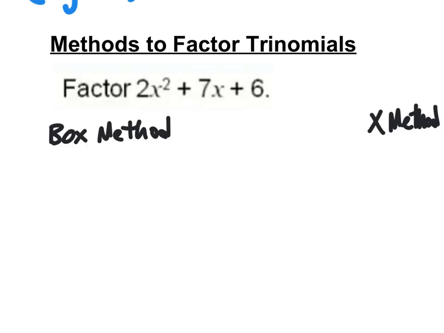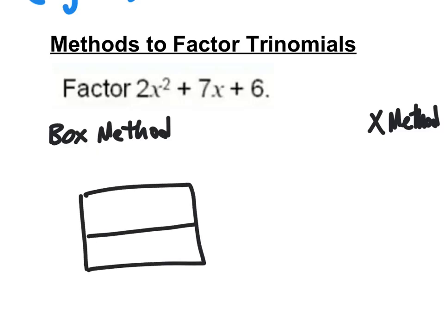Now in the box method, what I want to do is put my first term, which is 2x squared, in this top box here, and then I'm going to put the last term 6 in this box down here. Now I have to ask, what two things multiply to 2x squared?